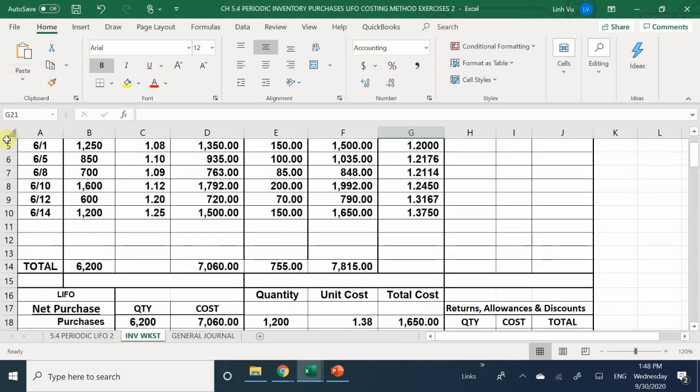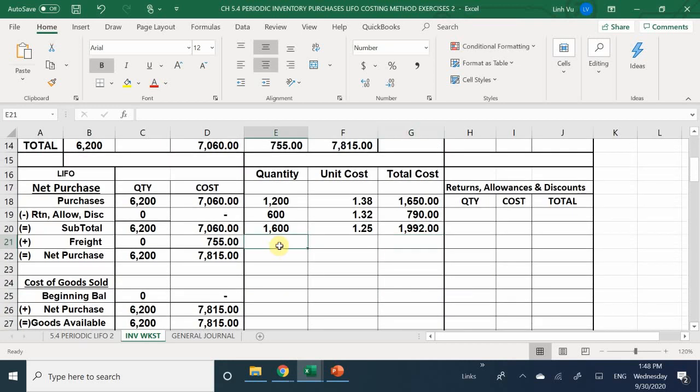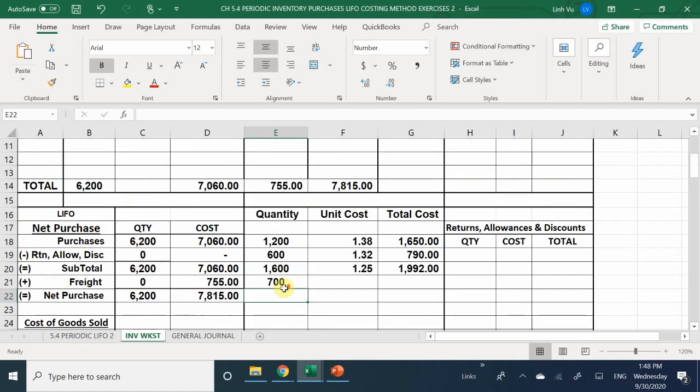So which batch are we taking out of now? The next we'll do the June 5th date of 850. June 5th. We skipped June 8th. I'm doing the 8th for 700. Okay, that's fine. So 700, we're going to take all of it? Yes.